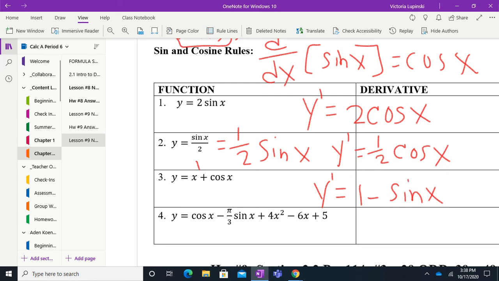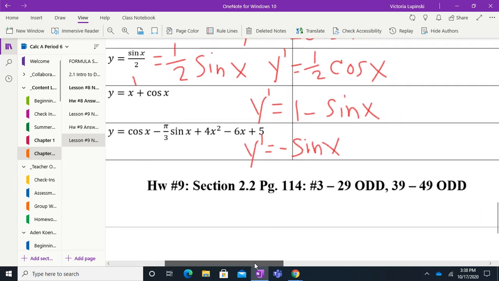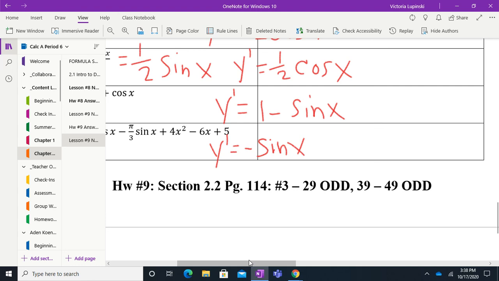Final problem here of the lesson, you have 1, 2, 3, 4, 5 terms here in your y equals, and you're simply going to take the derivatives one at a time. So the derivative of cosine is, of course, a negative sine. The derivative of negative pi over 3 times the sine of x: pi over 3 looks a little funny, but that is still just a constant.